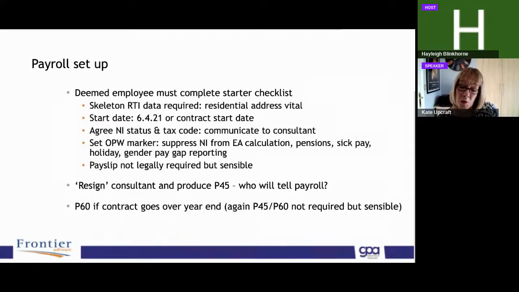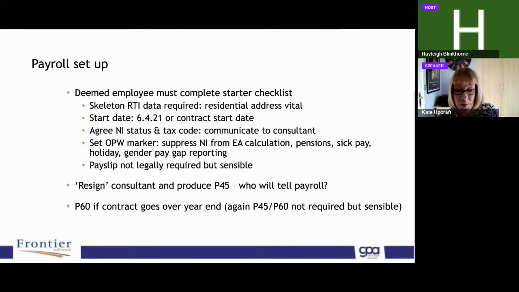And then your payroll software, really it's a conversation what it's going to do, or how much you've got to intervene to make sure these deemed employees do not have the national insurance that is being paid on their invoiced fees, which is employer and employee NI, that employer NI is not recovered from HMRC under the employment allowance exemption.